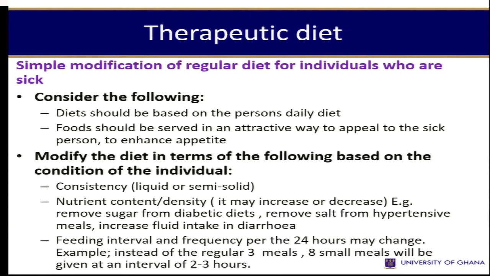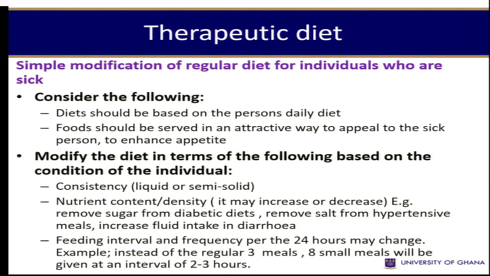So in therapeutic diet, that is for the sick whom we are managing, we need to consider that the diet should be based upon the person's daily need as prescribed by the doctor to come to the unit. It's very, very important. Modify the diet in terms of the following. Consider the type of disease that the person is suffering from.